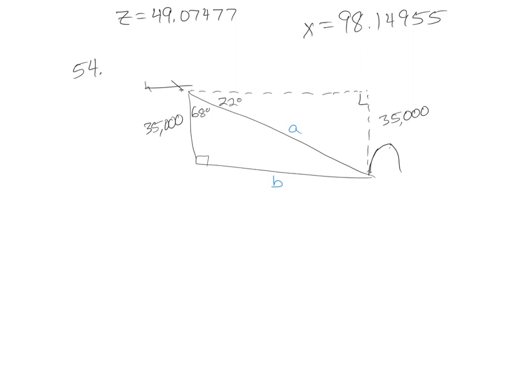How do I solve for part A, the hypotenuse? Which trig function are we going to use? The adjacent leg and the hypotenuse is cosine. Very good. So the cosine of 68 degrees equals the adjacent leg over the hypotenuse. Solve it.